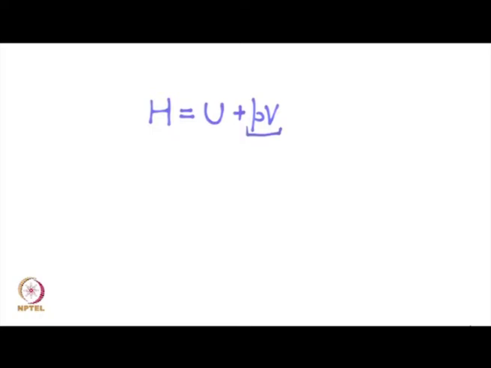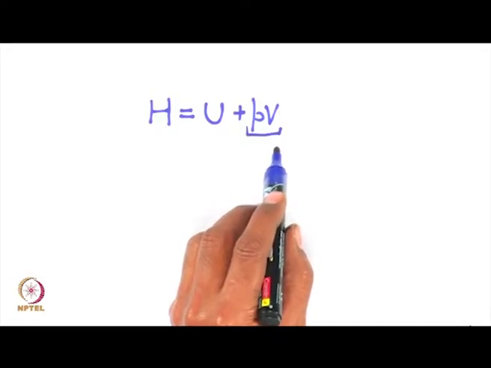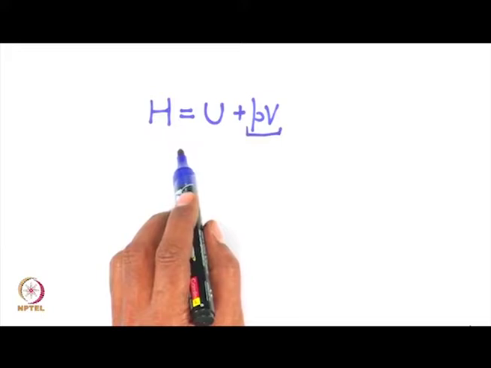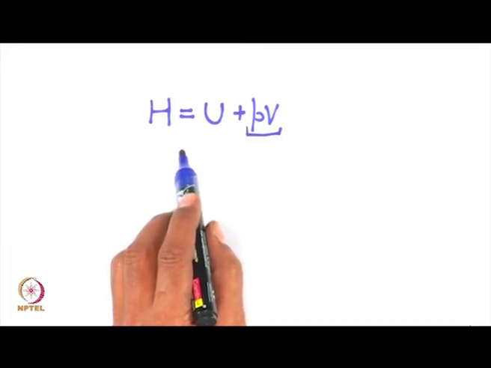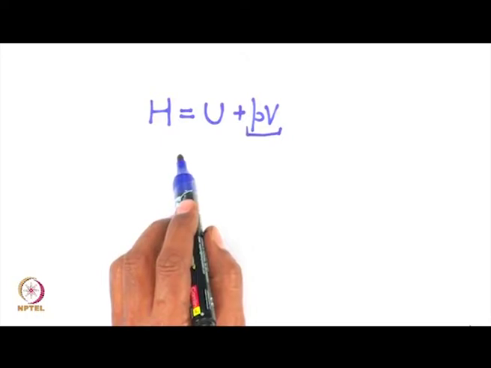But remember here that this PV is a part of the definition. This definition applies to all the systems, irrespective of what is the state of the system. So, not to be confused with the ideal gases. The definition of enthalpy is H is equal to U plus PV.